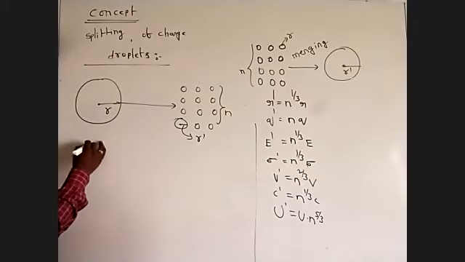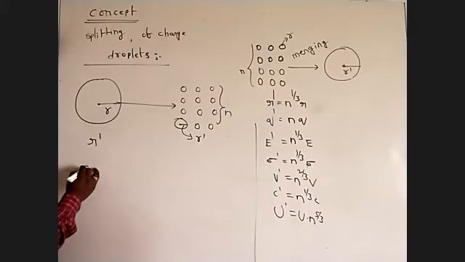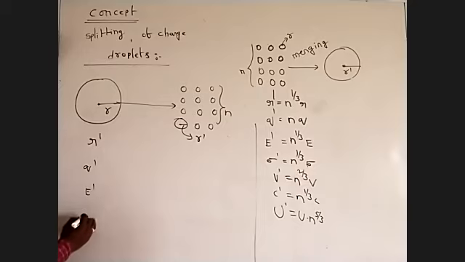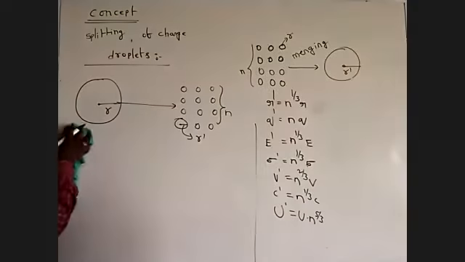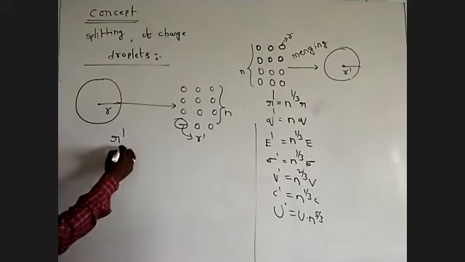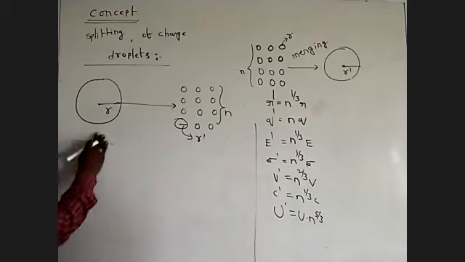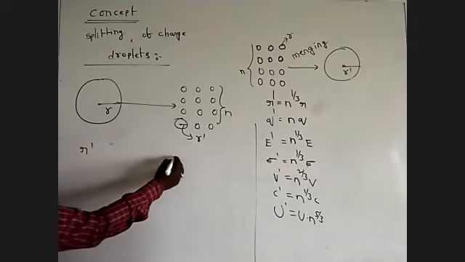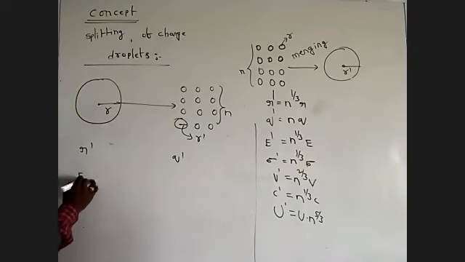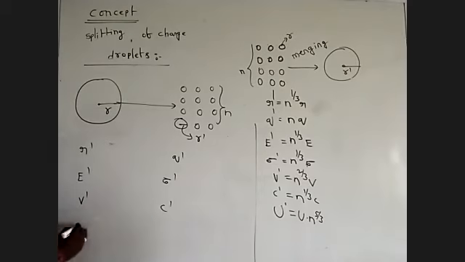At the same time, we have to find R dash, Q dash, E dash, sigma dash, V dash, C dash, and U dash.